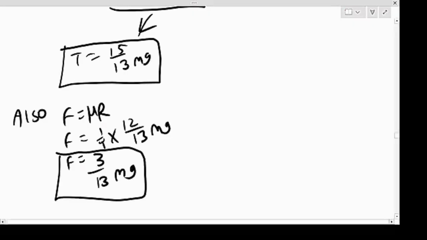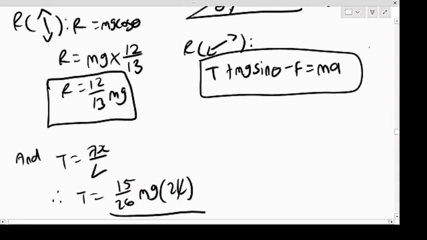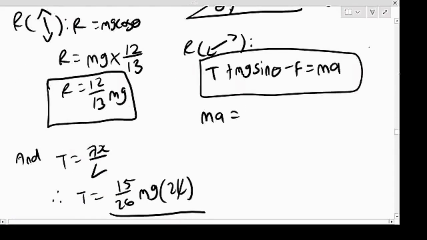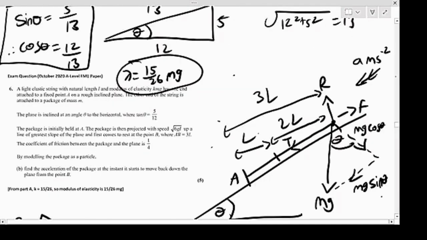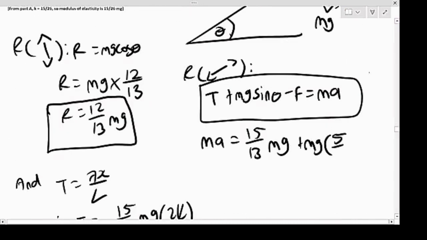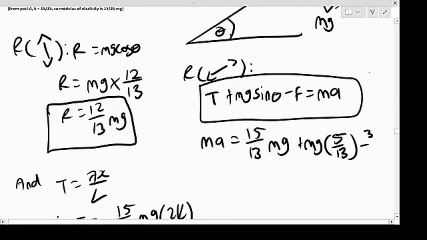Okay, now I can substitute these numbers in here, so I know therefore that MA is going to equal T, which is 15 over 13 mg, add mg sine theta. Now we know that sine theta up here is 5 over 13. Take away F. Now F was 3 over 13 mg.